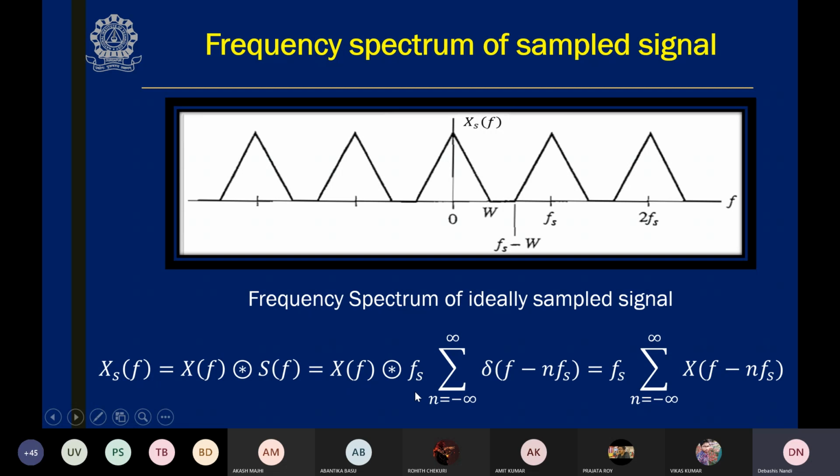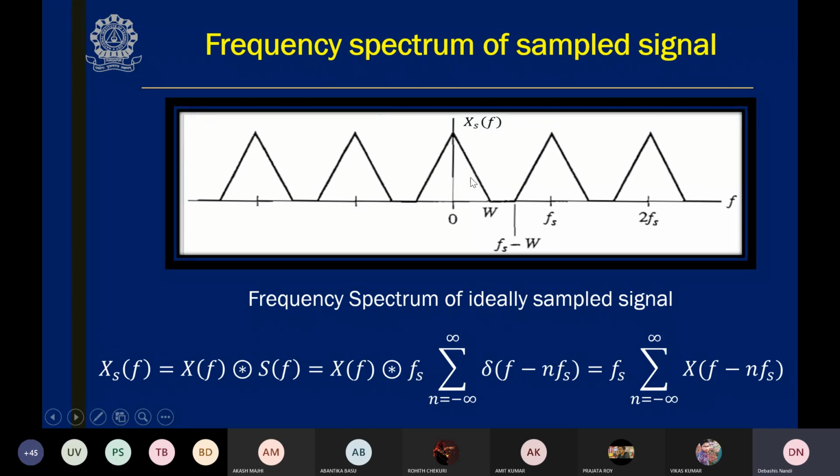After convolving these two functions, it is possible to prove that you will get fs times the summation, n equal to minus infinity to plus infinity, of X(f minus n fs). This constant term is also fs, and it gives the amplitude of the frequency components, the scaling of the frequency bands. So you get this frequency domain description of the sampled signal.